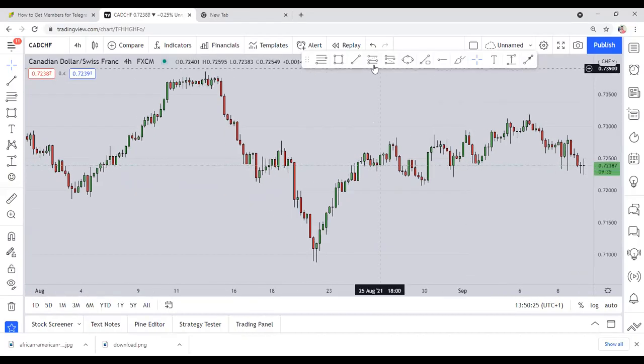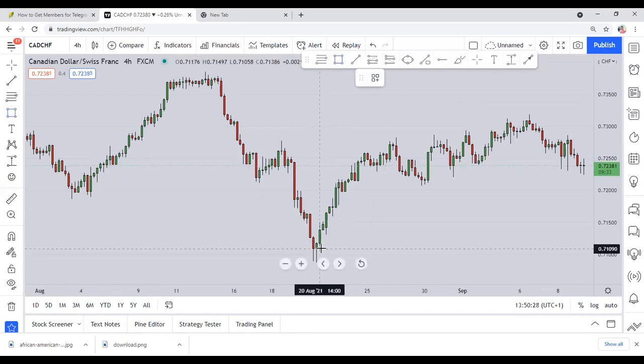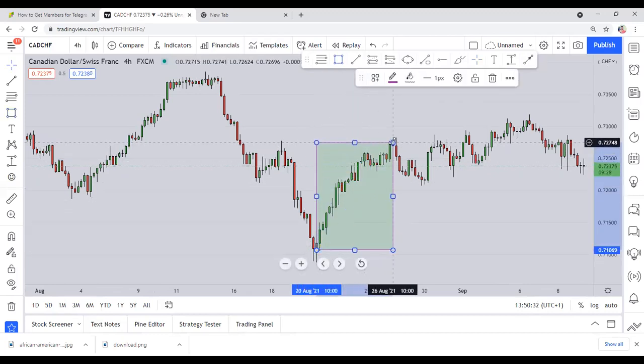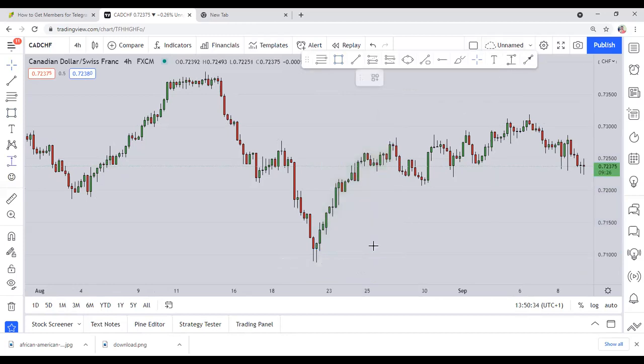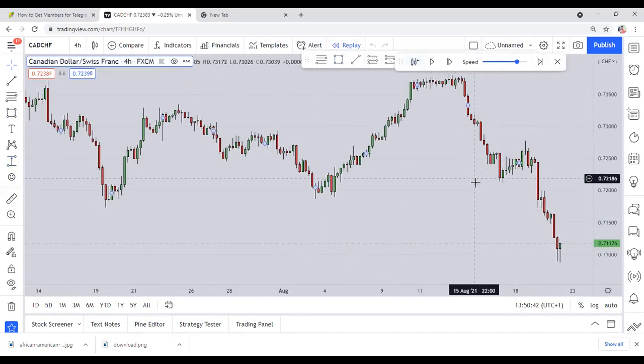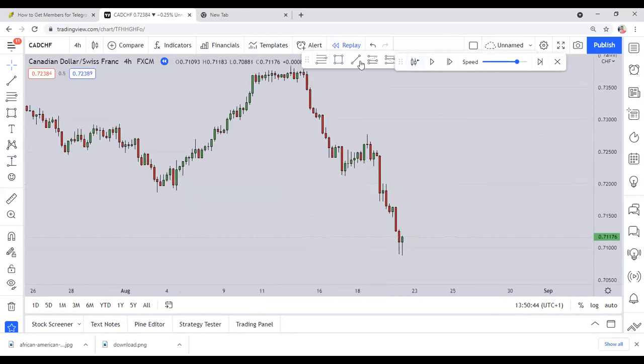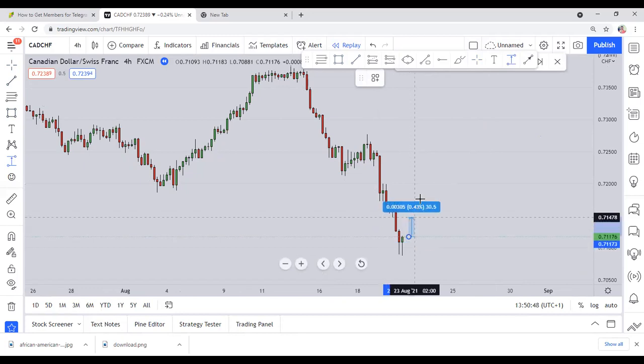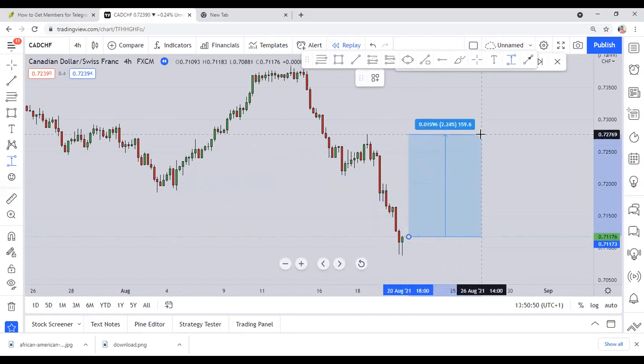Let's take a very good example. Let's assume we took a buying position from this level to this level. We are going to take a buying position from here. I'll just replay the market. We're going to take a buying position from here, where the market is at the time, to this point.